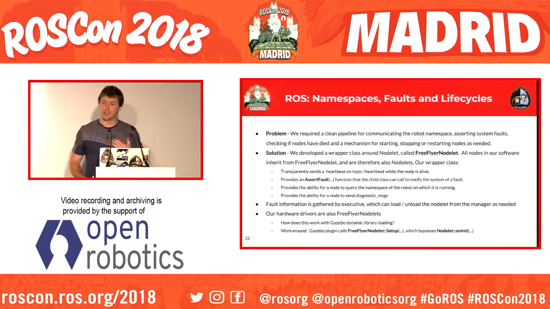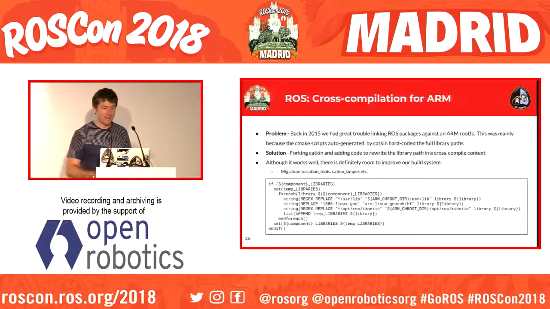And there was a bit of a challenge that happened with FreeFlyer nodelet in a Gazebo context. You have to work out where the processes actually run. So we kind of bypass it with the setup function. I'm not going to go into details for the sake of time.